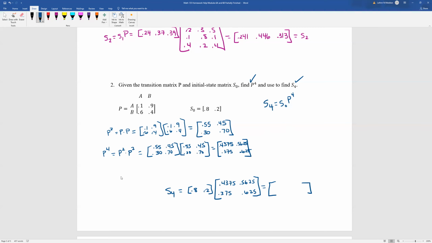And that's the nice thing about this, is that really, because this is a 1 by 2 and this is a 2 by 2, we're going to get a 1 by 2 for our answer. It's going to match this same state setup. So I get 0.425 for doing row 1 times column 1, and there's the only other entry here, so it has to add to 1, so 0.575. So this right here is S sub 4. Remember, this was P to the 4th. Okay, so nothing too horrible.